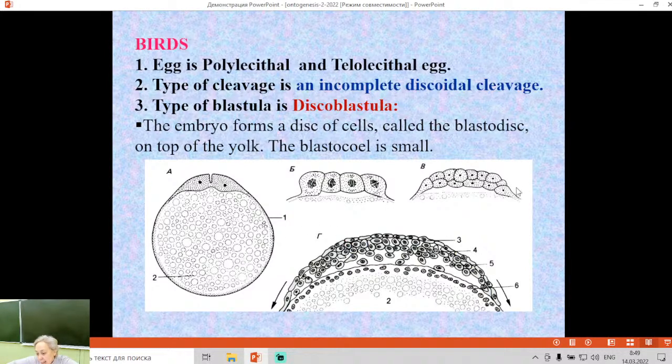This layer of cells is called discoblastula. And the blastocoel is the space between the yolk and discoblastula. The embryo forms a disc of cells called a blastodisc on the top of the yolk. The blastocoel is very, very small.